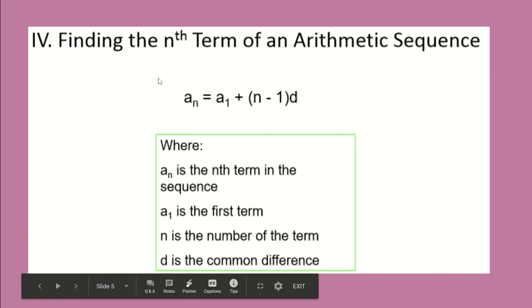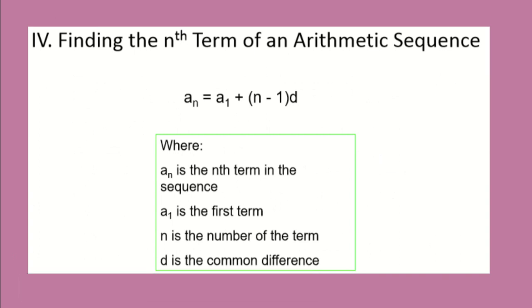Finding the nth term, that's just a way to say we're finding whatever term it is that we're asking for. It's kind of like saying x. So here we're looking at the formula. This is the explicit formula for arithmetic sequences, where this part, a sub 1, is just talking about the first term in the sequence.